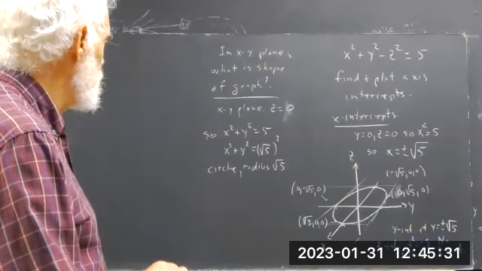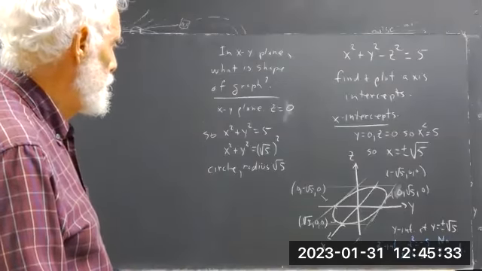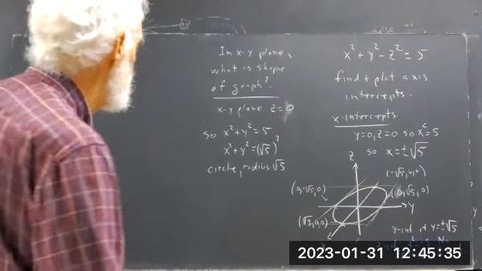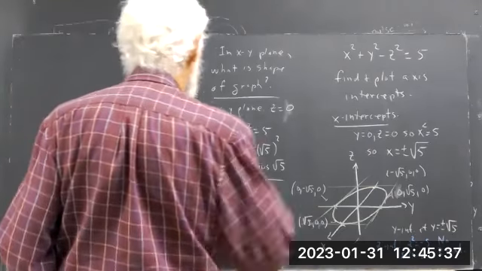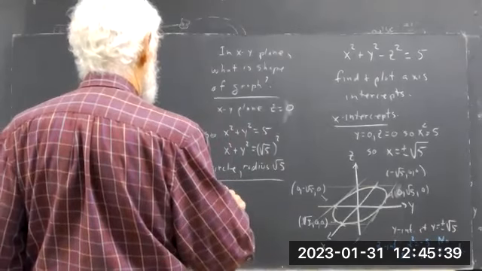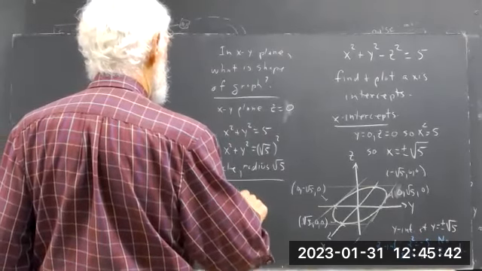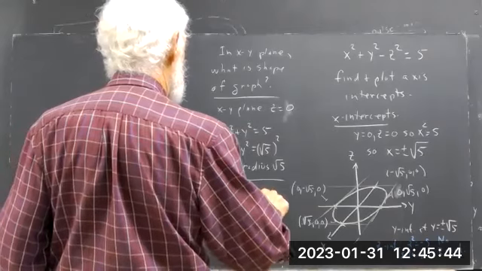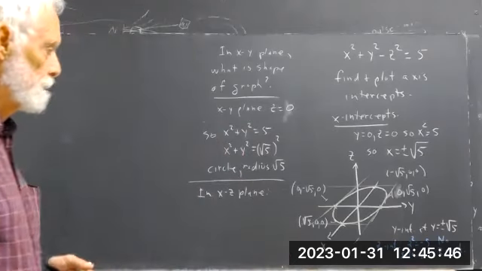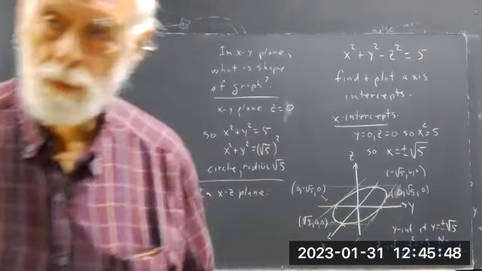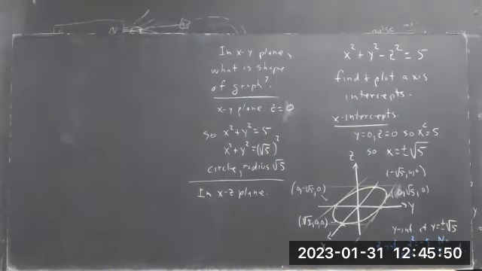What's it look like in the XZ plane? What's the equation? And what's the shape?